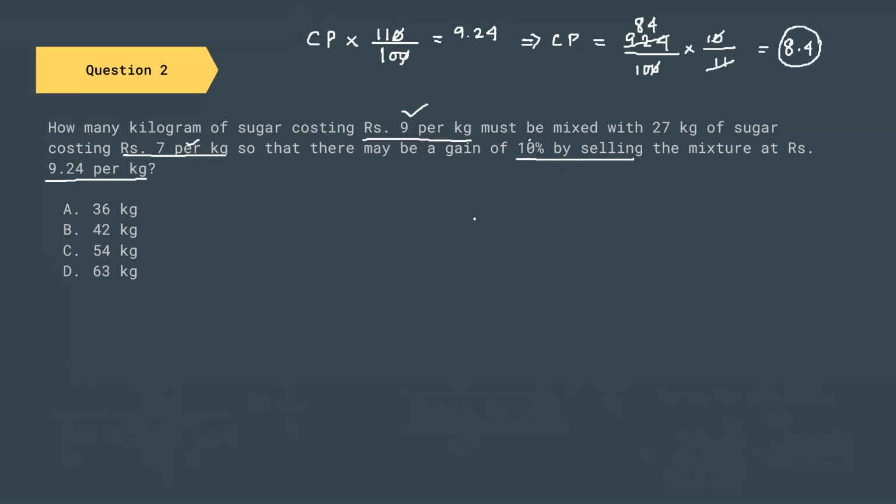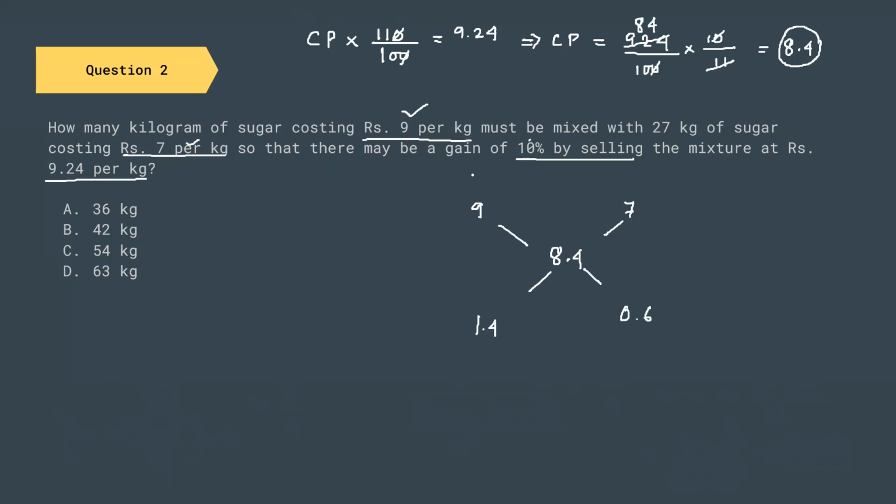So 9 per kg is mixed with 7 per kg to get a mixture costing 8.4 per kg. So applying the rules of alligation, we will have 1.4 here and we will have 0.6 here.